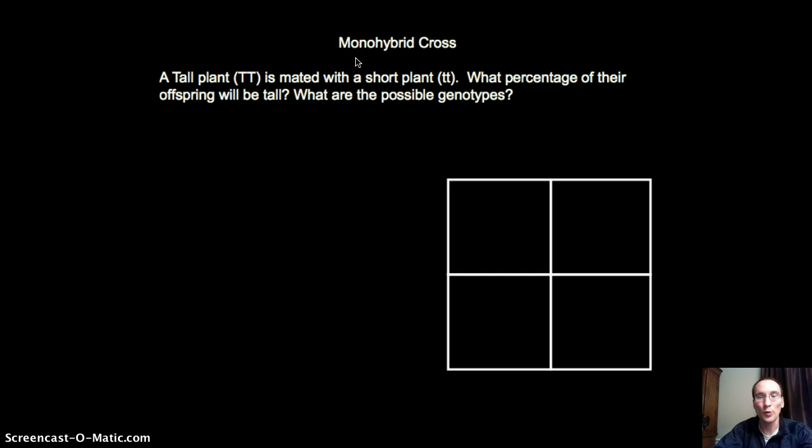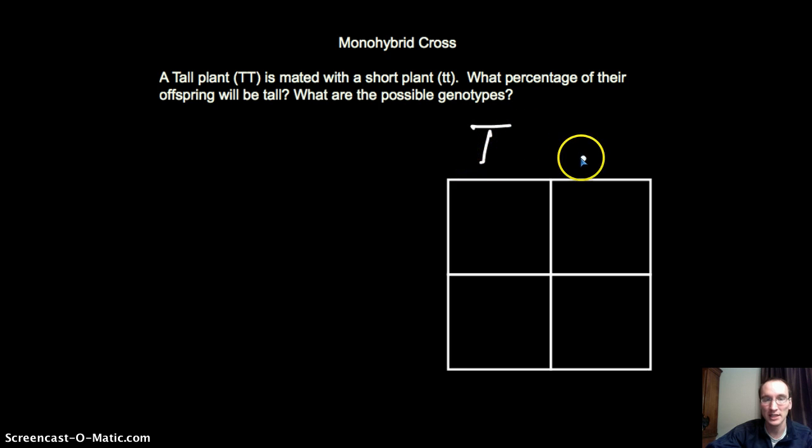So we're doing what we call monohybrid crosses right now, where we only look at one trait. I can do the exact same thing here as I did before. If I have a tall plant, which I gave you the genotype, and a short plant, which is little t for its genotype, what percentage of their offspring will be tall, and what are the possible genotypes? Well, I can set up my Punnett square.